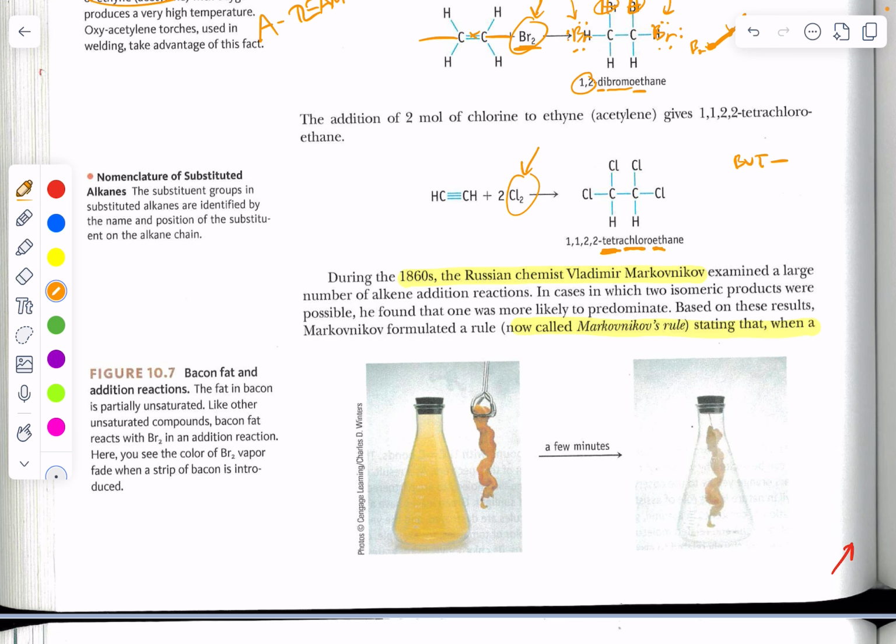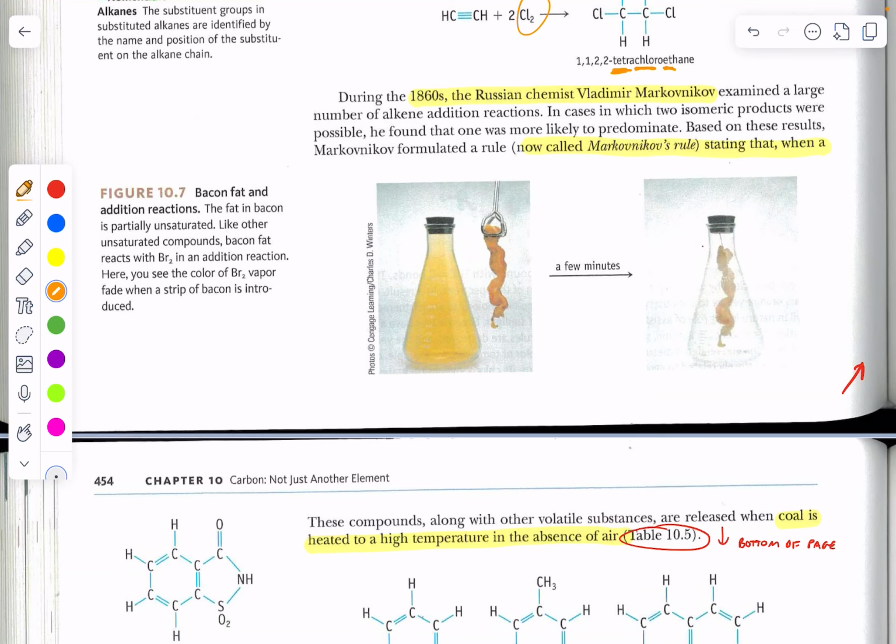Now, way back during the American Civil War, Russian chemist Vladimir Markovnikov was studying this kind of stuff, and he came up with what is called Markovnikov's rule, which we'll mention also when we get to polymers.